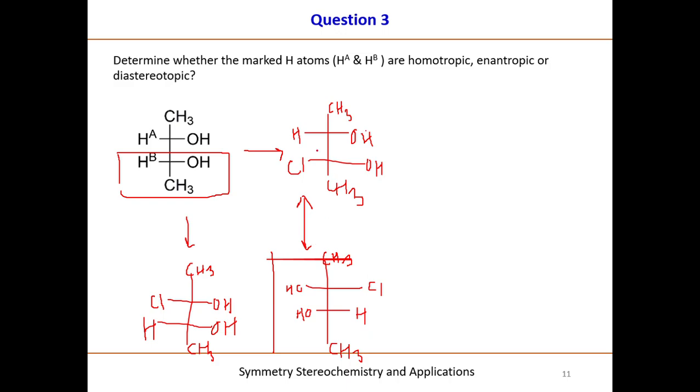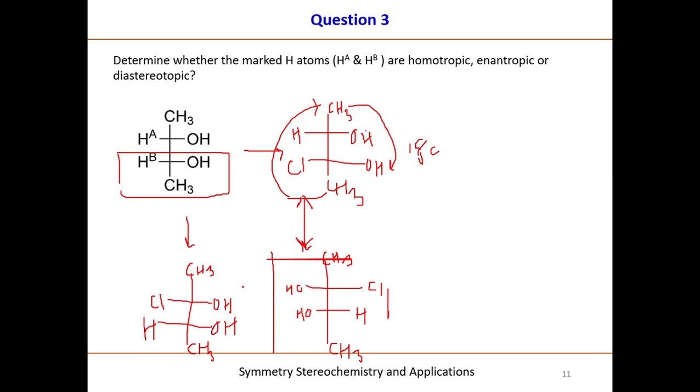You just have to rotate the whole molecule by 180 degrees in this way, and you will observe that this CH3 will come this side here, and the molecule will show the same stereochemistry as this one. So these two molecules are the same.